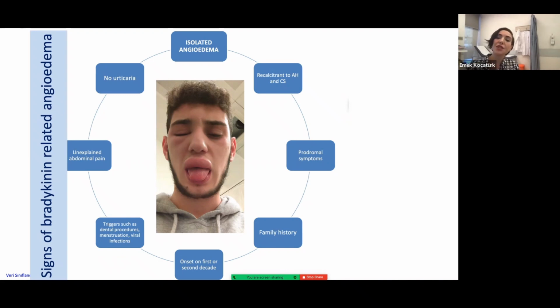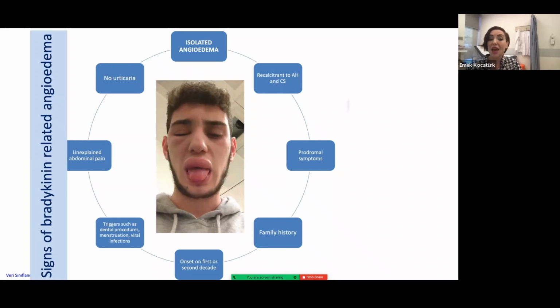And these patients tend to have some prodromal symptoms like headache or nausea, some kind of bad feeling. They usually say that they feel that the angioedema attack will come, and they may have a family history, and the angioedema usually starts in the first or second decade.